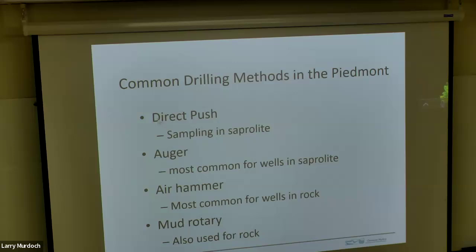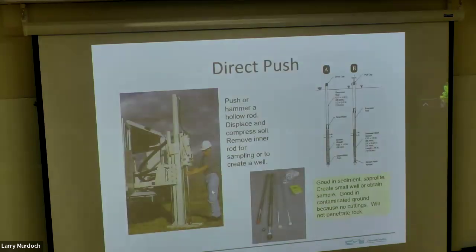Direct push is used in saprolite or sediment. Augering is used in saprolite also or in sediment. Air hammer and mud rotary are techniques that are used to go through solid rock. Okay, so we'll look at each one of those.